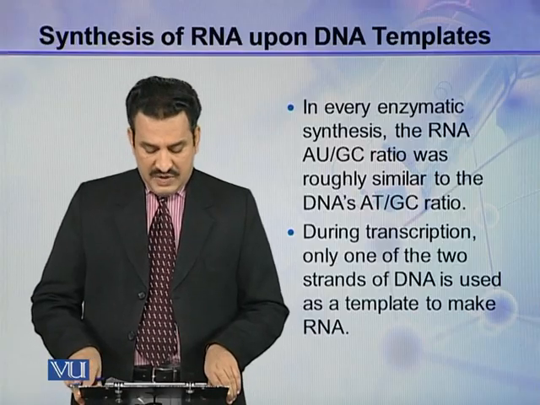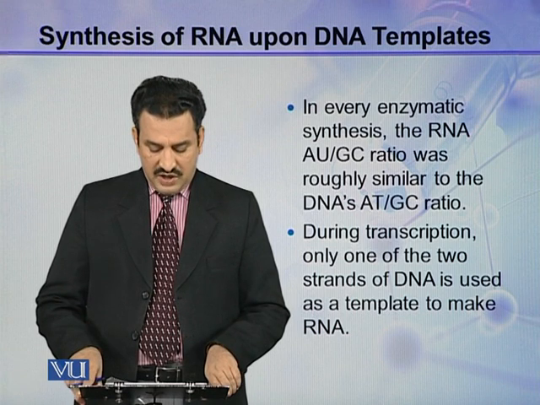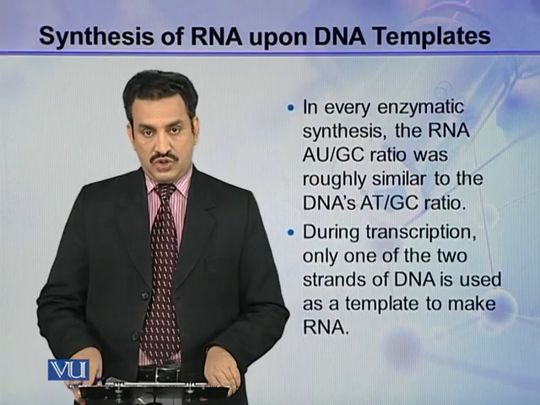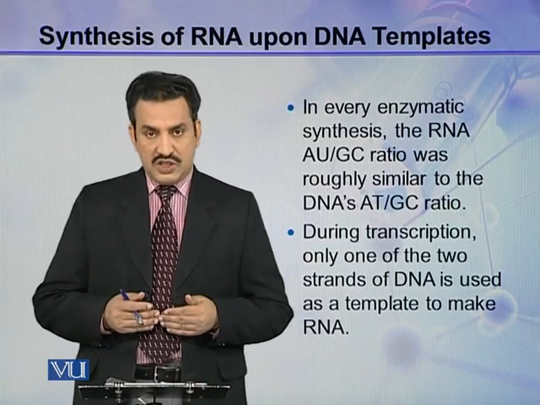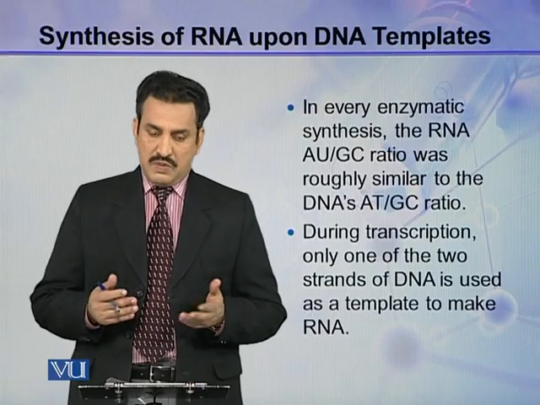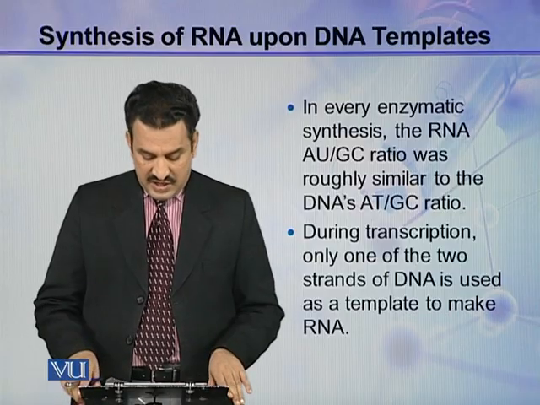In every enzymatic synthesis, the RNA AUGC ratio was roughly similar to DNA's ATGC ratio. So, as the amount of ATGC present in DNA, the same amount of AUGC was present in RNA.